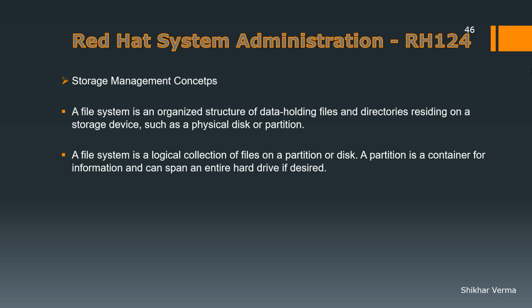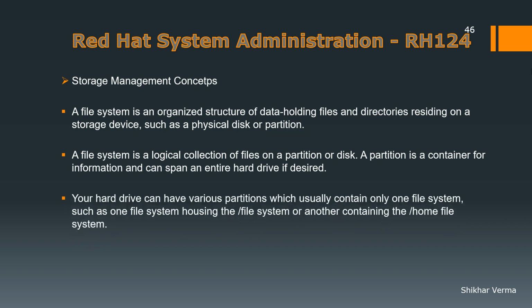A file system is a logical collection of files on a partition or disk. A partition is a container for information and can span the entire hard drive if desired. Your hard drive can have various partitions which usually contain only one file system each, such as one housing the / file system and another containing /home.